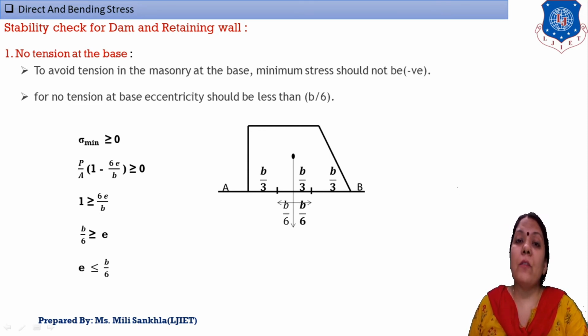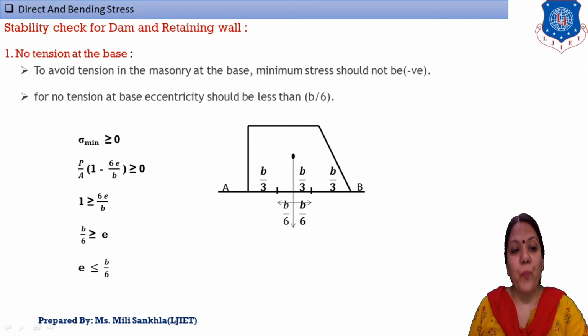Now what is the sigma minimum for dam and retaining wall? That is P by A (1 minus 6e by B) greater than or equal to 0. Here we can also write W, because in some reference books P is given, in some W is given. W and P both are the weight of dam or weight of retaining wall.